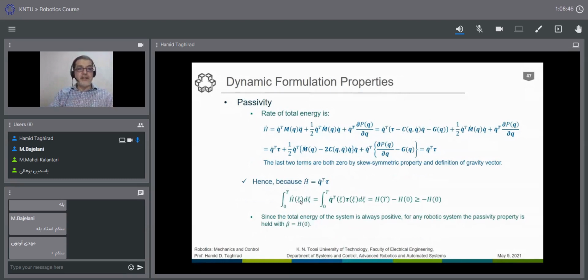So if we have three subsystems and each of them is passive, then the whole system becomes passive, or stable. This is a newer version of stability analysis, and this approach will help with that.